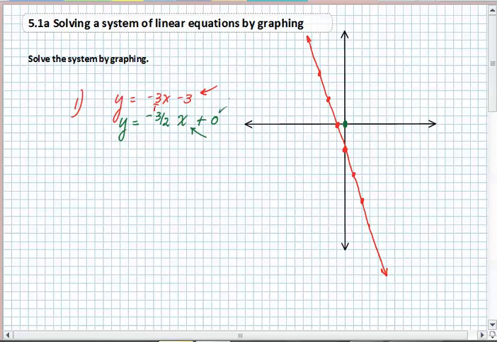So I'm okay to add the 0, and then I'm going to go down 3/2. Down 3/2, and I'm going to go the other direction, and look at that, it hits right on that. Okay, 3/2.